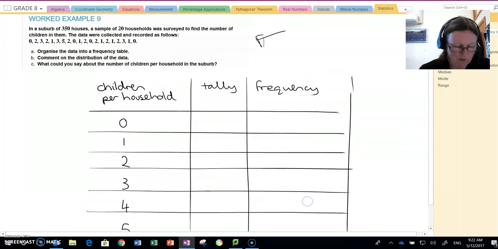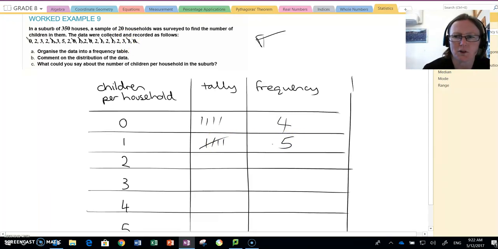What I then do is I'll tally off. So 20 houses were surveyed. 1, 2, 3, 4 had 0 children. 1, 2, 3, 4, 5 had 1 child.